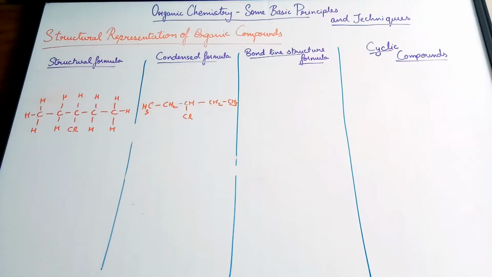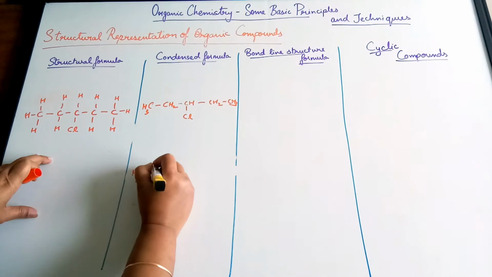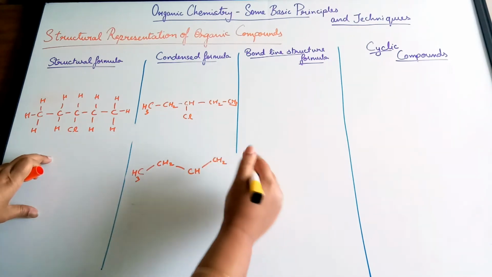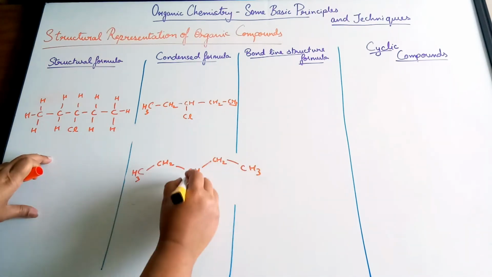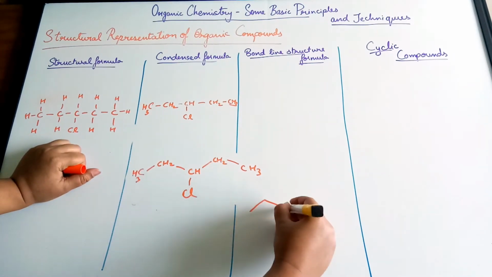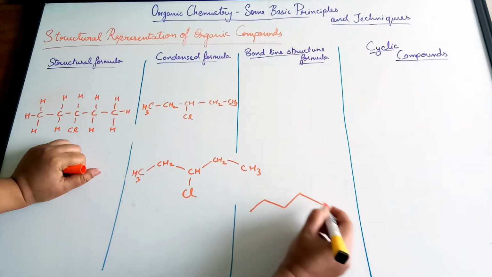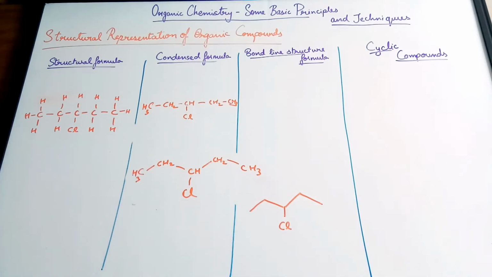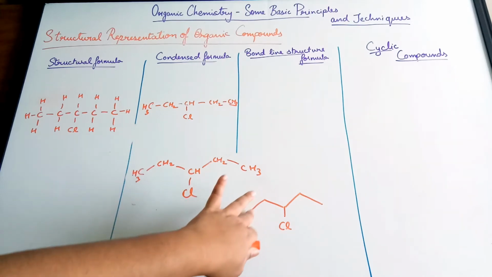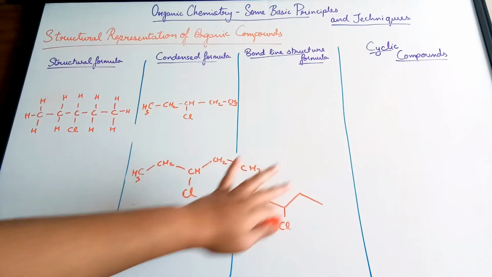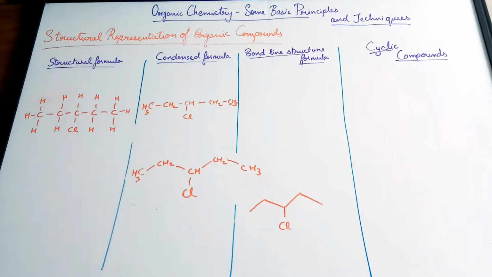Now, to change this and get to the bond line structure formula, let me write it like this: CH3, CH2, CH, CH2, CH3, with the Cl on the CH. Now for the bond line structural formula: 1, 2, 3, 4, 5. 5 carbon atoms, and in the third position you have a Cl, and that's your bond line structural formula. The terminal carbon atoms are basically methyl groups, CH3 and CH3, and the remaining carbon atoms will have the number of hydrogens needed to maintain the tetravalency.